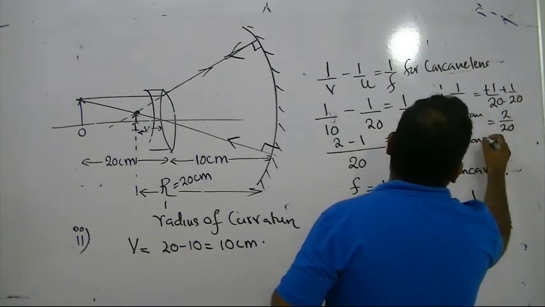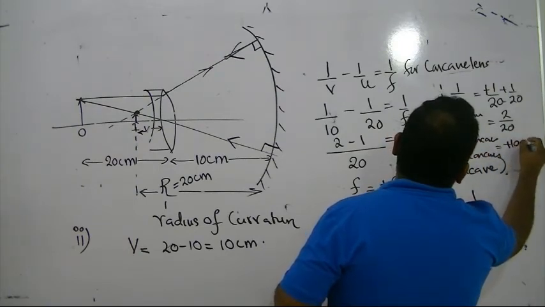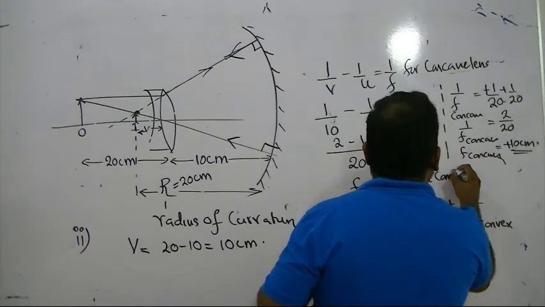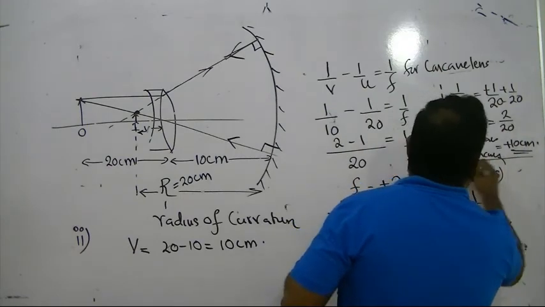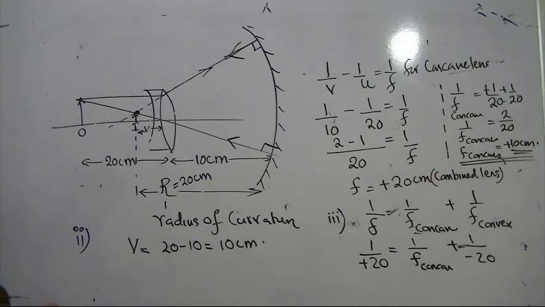Focal length of concave is plus 10 centimeters. This is the combined lens focal length. Focal length of concave lens will give you plus 10 centimeters.